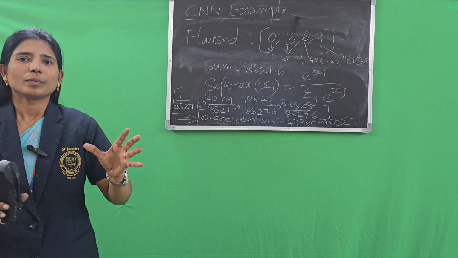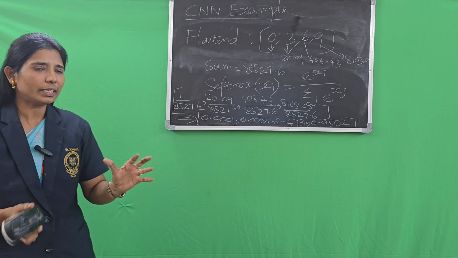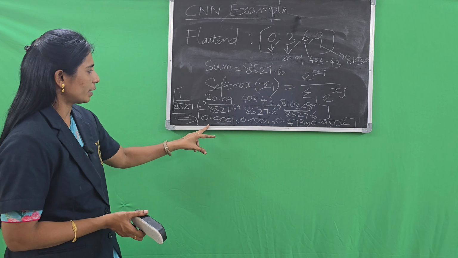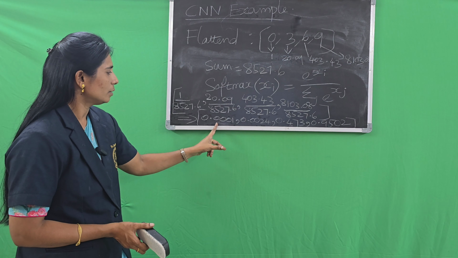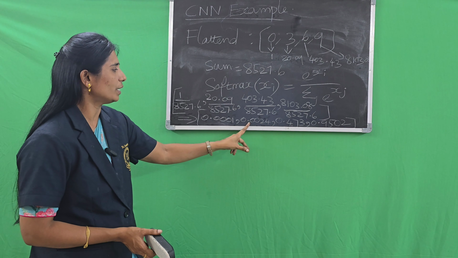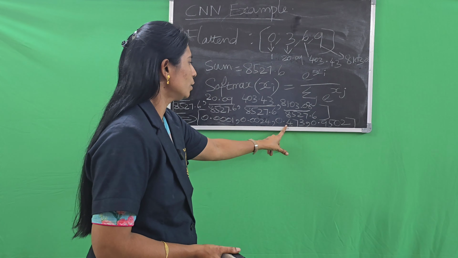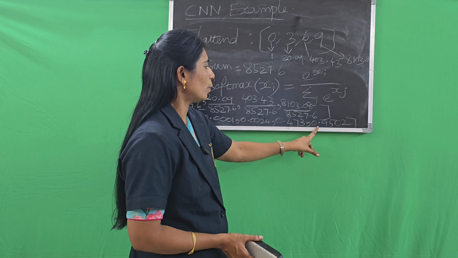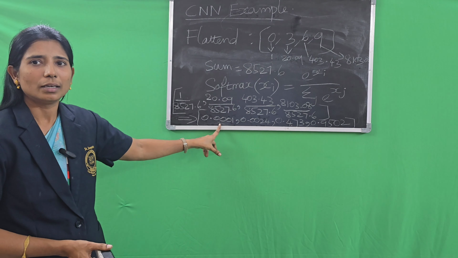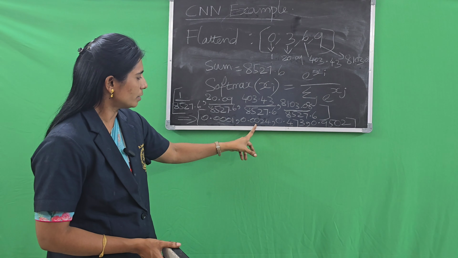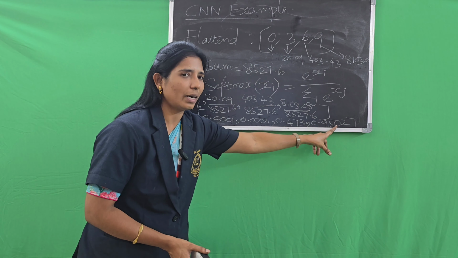Then this will be converted into the corresponding probability values, that is 0.0001, 0.0024, 0.473, 0.9502. So this belongs to class 1, then this is class 2, class 3, class 4.